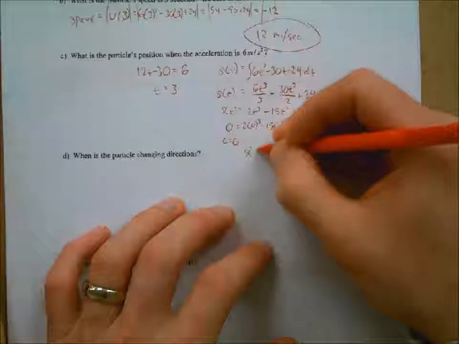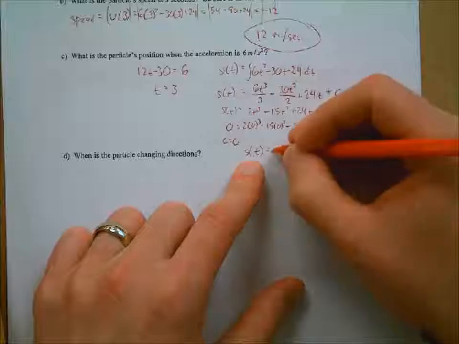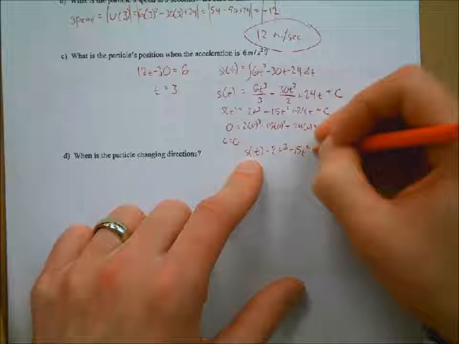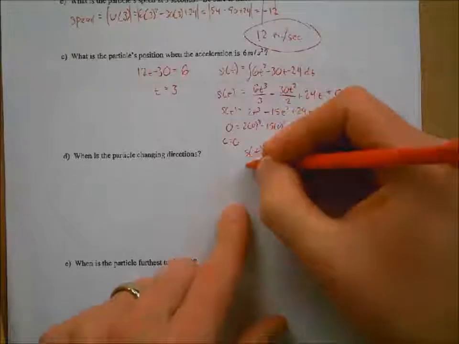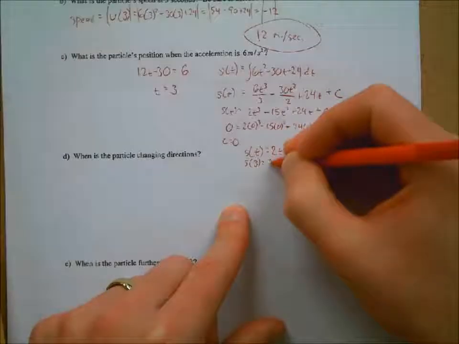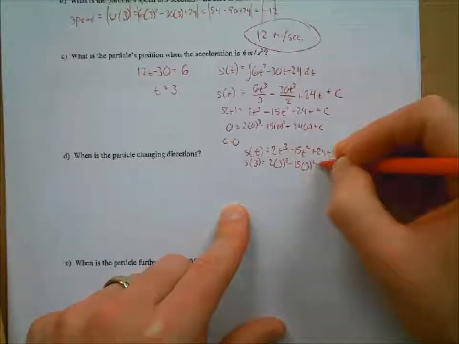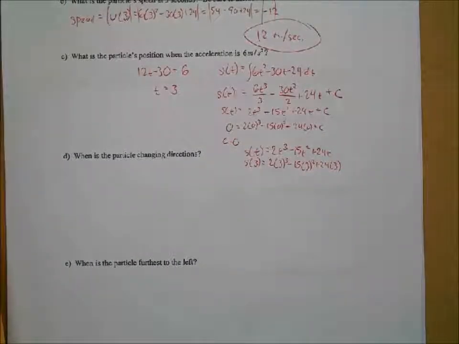I'm running out of space here, so I'll just keep going. So s of t for this particular problem, our particular solution, is 2t cubed minus 15t squared plus 24t. We finally got the position, so we're done, right? No. Now what do we have to do? Plug in 3. At this point, if it's a free response question, do we need to proceed any further?